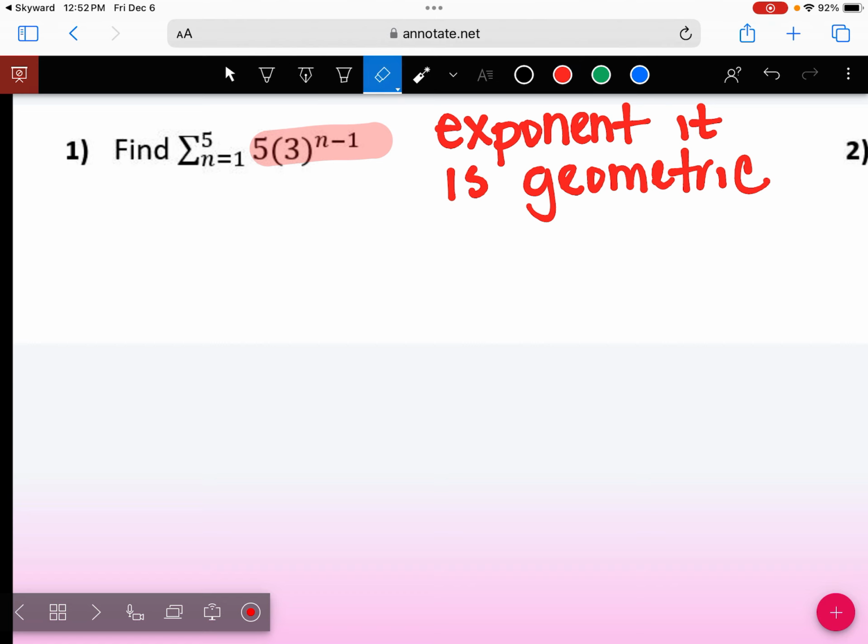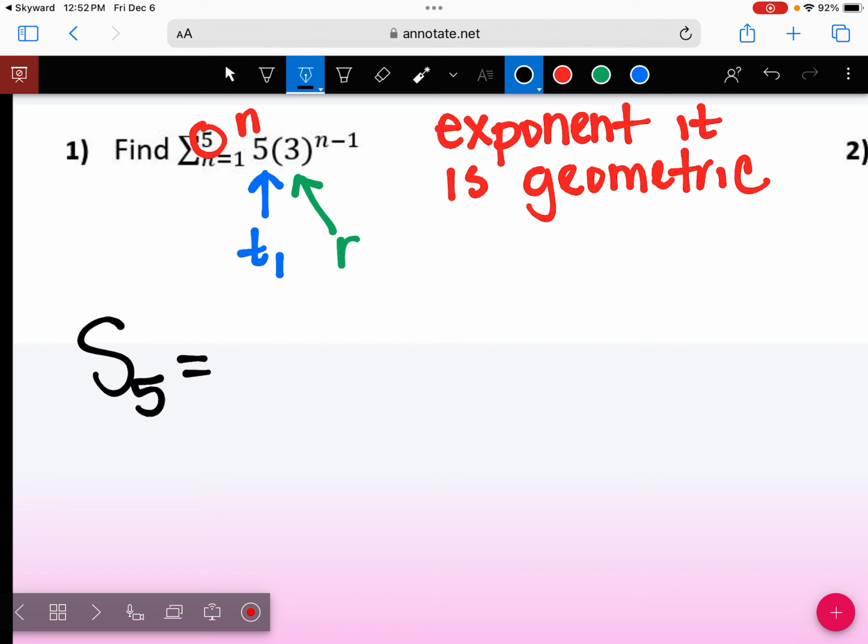All right, so looking at the general rule, this first number in front of the parentheses, this is T1. This is your common ratio. And this is my end term. So I'm going to use this formula.